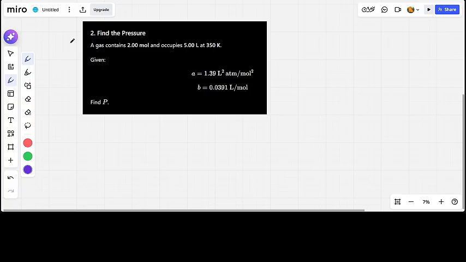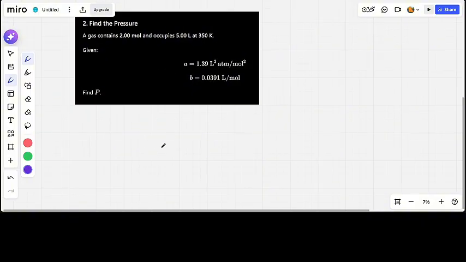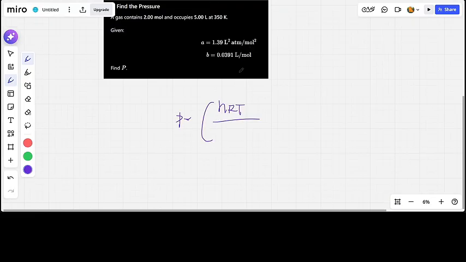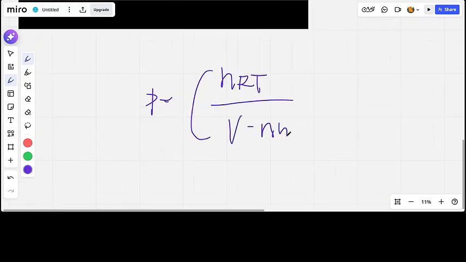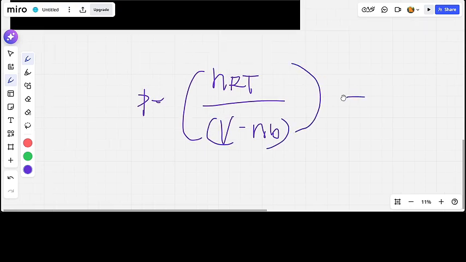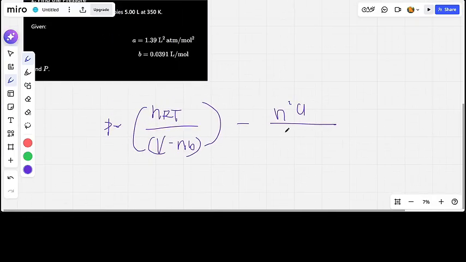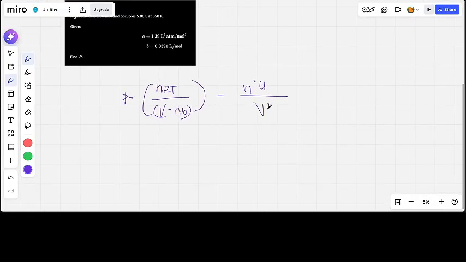Number 2 is find the pressure of a gas that contains 2.00 moles of gas and occupies 5.00 liters. So P is equal to nRT per V minus nb, minus a n squared over V squared.